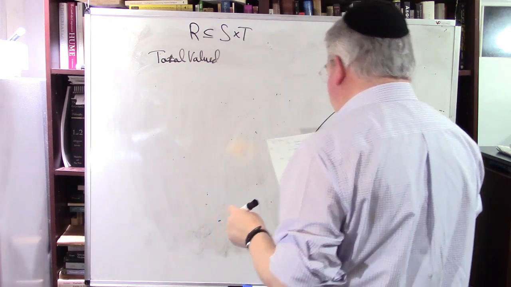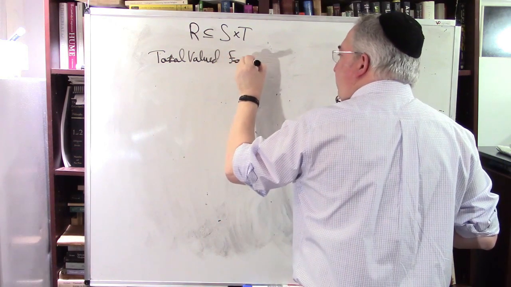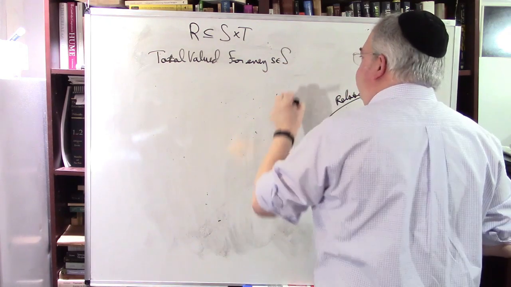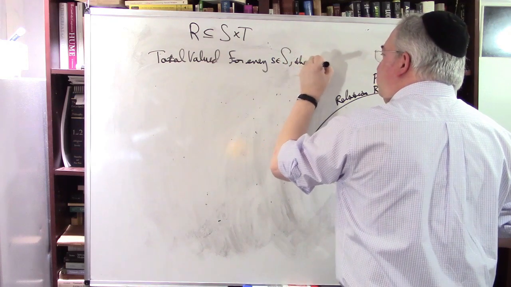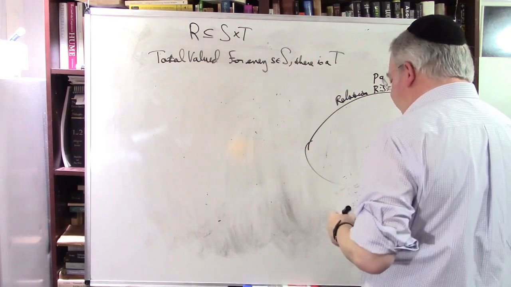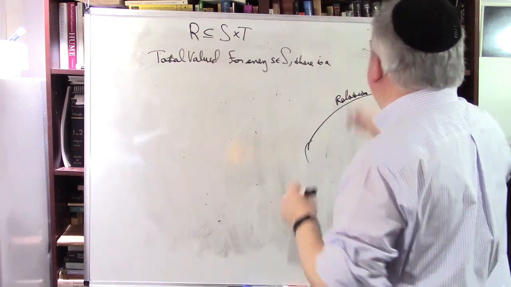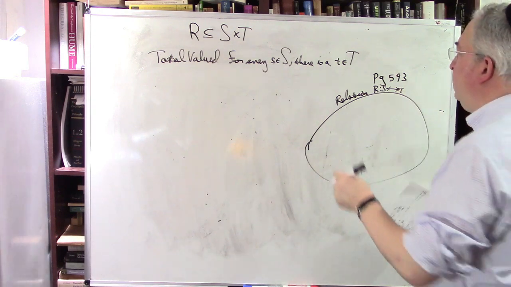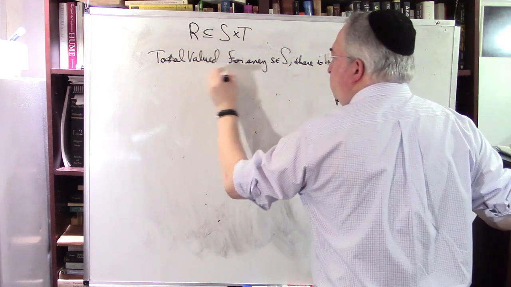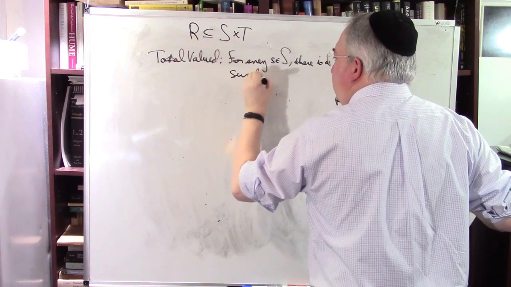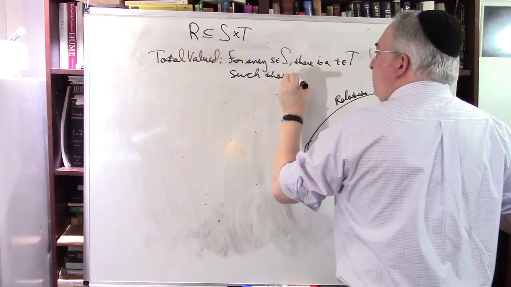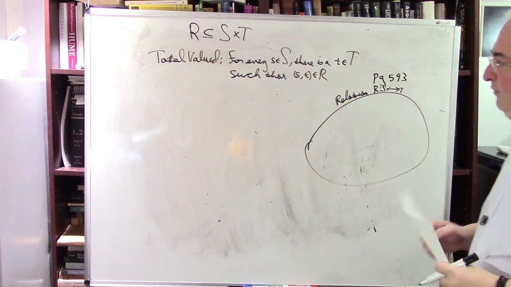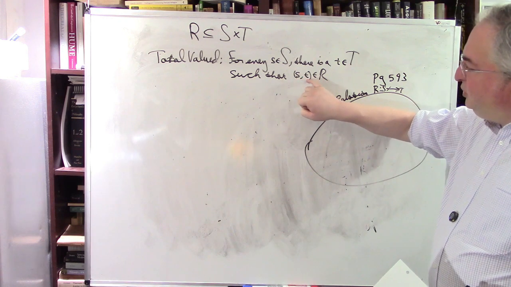Okay, and what's this about? It says for every s, a member of S, there is a t, a member of T, such that (s, t) is a member of R. So total valued means for every one of these guys, there's some guy here.